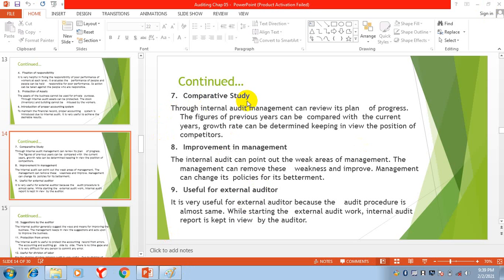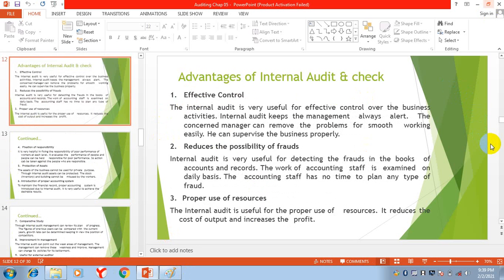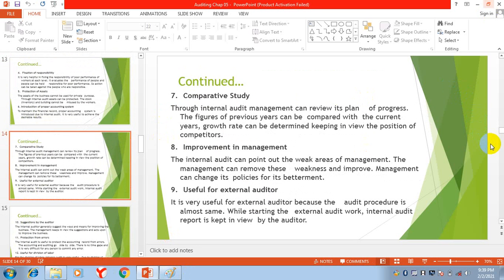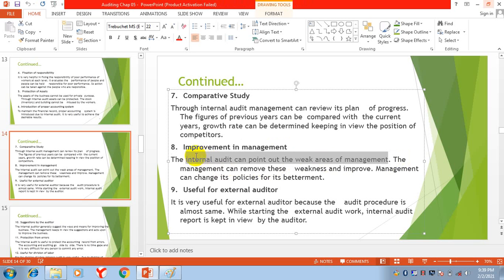So that is internal audit and internal check. It can be used for comparative study. These are advantages of internal audit and internal check. Improvement in management. Another advantage of internal audit and internal check: the internal auditor will point out the weak areas of management.